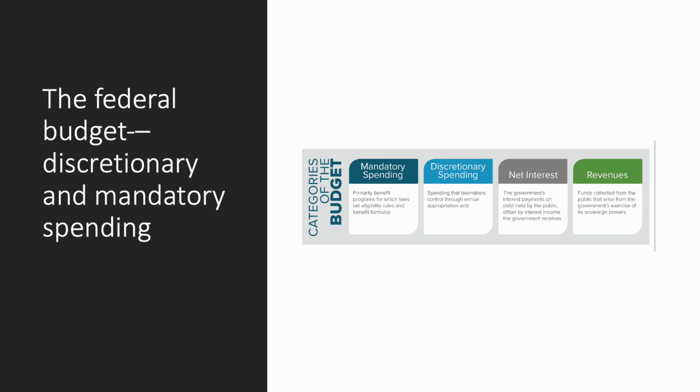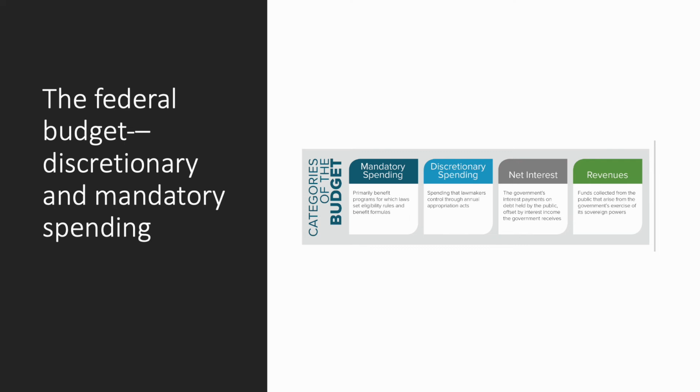A few key concepts about the federal budget that I'd like you to know. Terminology: one of the most important is discretionary spending versus mandatory spending. The federal budget has certain categories in it. It can be divided up into mandatory spending, which is programs like Social Security and others where the money is already committed, it must be spent.